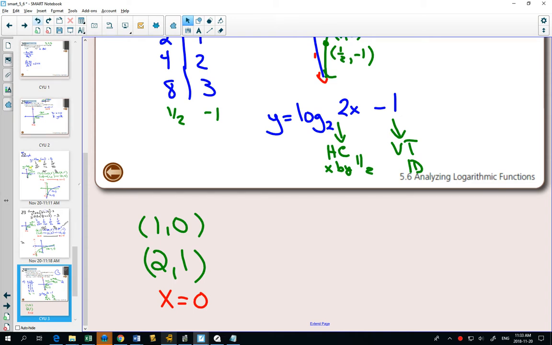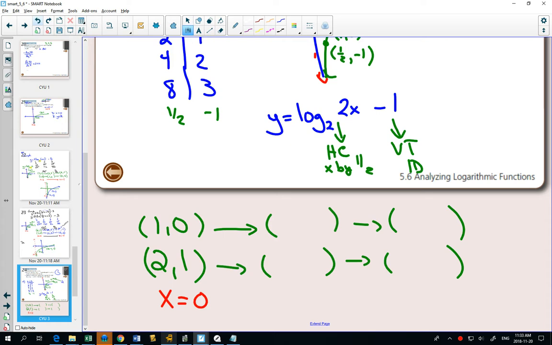Here we go. We can hopefully do the rest of our math here just fine. We're going to multiply our x by 1/2, and then we're going to move things 1 down. (1/2, 0) and (1, 1), and then finally 1 down: (1/2, -1) and (1, 0). Will our asymptote get changed in this one?